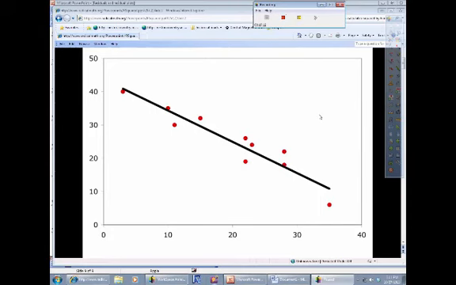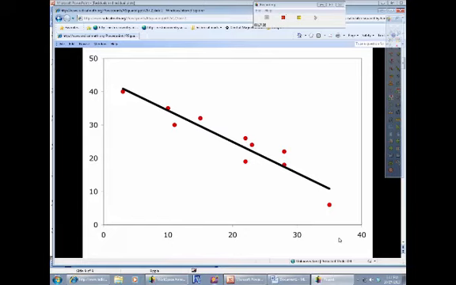Okay, so I wanted to go over a little bit about R squared with you and how it works. This is a set of data, and its least squares linear regression line.